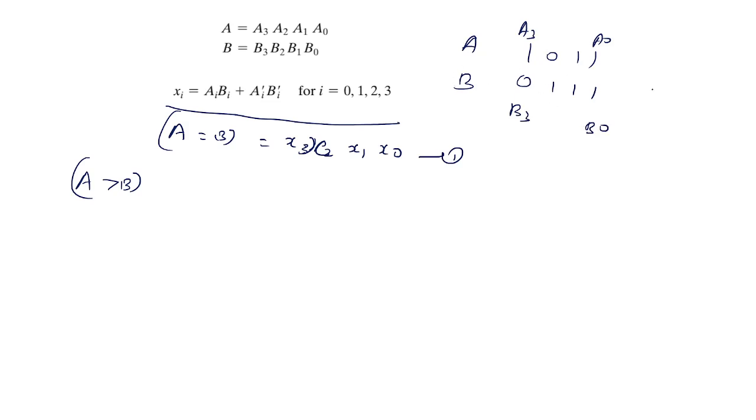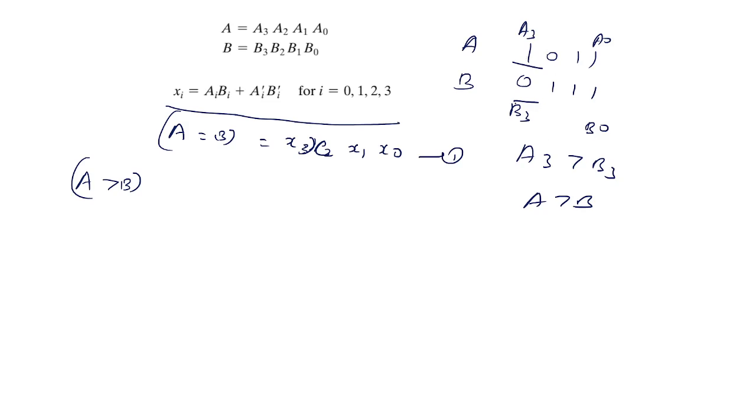No need to check all the bits. I will be checking the A3 bit with the B3 bit. Suppose if the A3 bit is greater than the B3 bit, I can directly decide A is greater than B. If A3 bit is greater than B3, no need to check the remaining bits, I can directly decide A is greater than B. How is it possible?